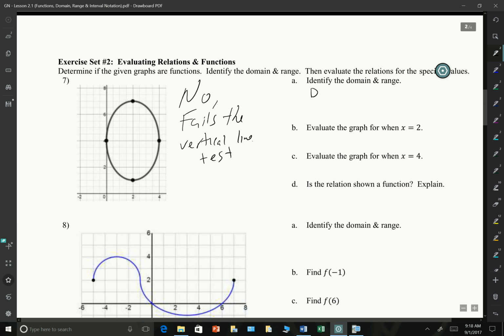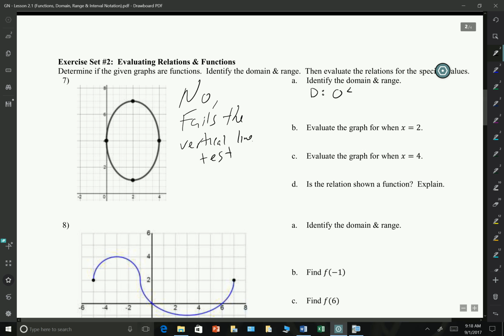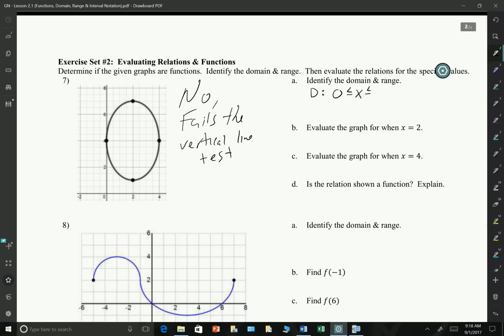So use D for domain. Pencil goes what direction for domain? Vertical. If I start on the left, what's the first x value it hits? 0. So 0 less than or equal to x less than or equal to, now I keep going. It's still touching until what x value? 4.